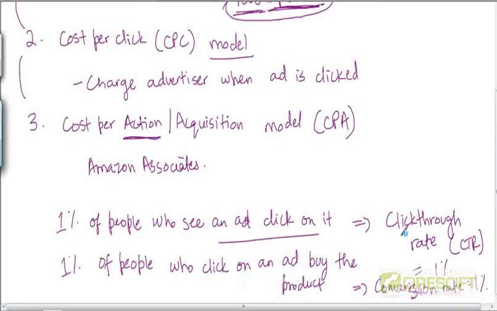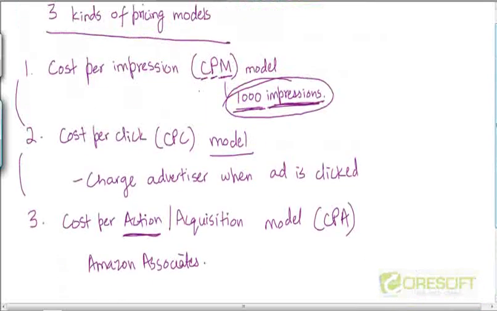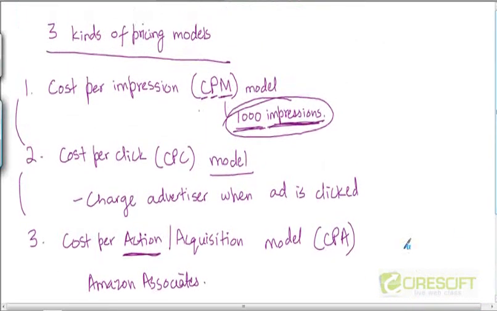So let's say that the click-through rate is known to be 1%, and let's say that the conversion rate is known to be 1%. So as an advertiser, let's say you're paying X amount of rupees or cents or whatever units you want to take in the CPM model. How much would you have to pay if you were to switch to the CPC model or the CPA model?